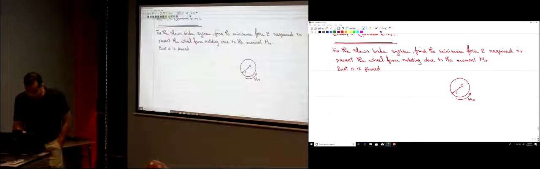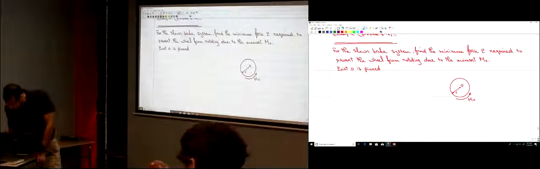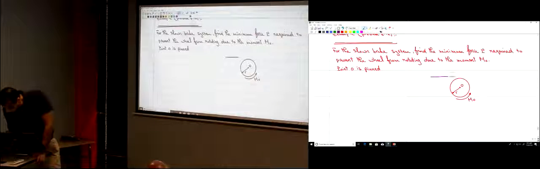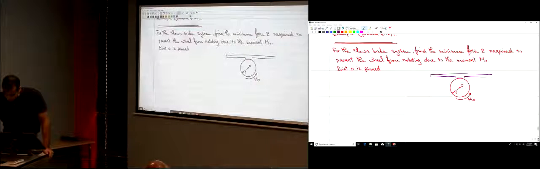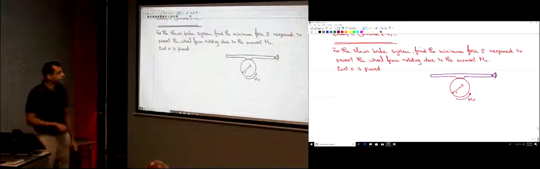The brake system is simply having, let's draw it in this purple color, a kind of rod here, and it's pinned here. Okay.